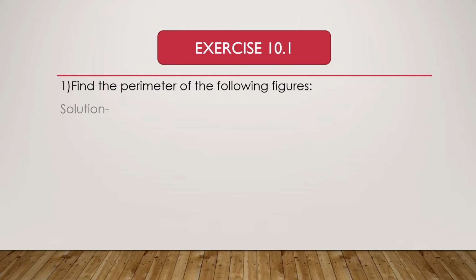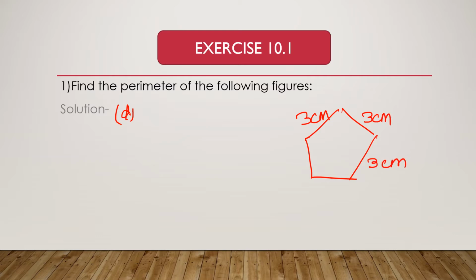Now we have to find out the perimeter of the fourth figure, D. This is the figure, a pentagon. This one is 3 centimeter. This is also 3 centimeter. This is 3 centimeter. This one 3 centimeter and 3 centimeter. This is a pentagon having 5 sides, and we have to find the perimeter of this given pentagon.